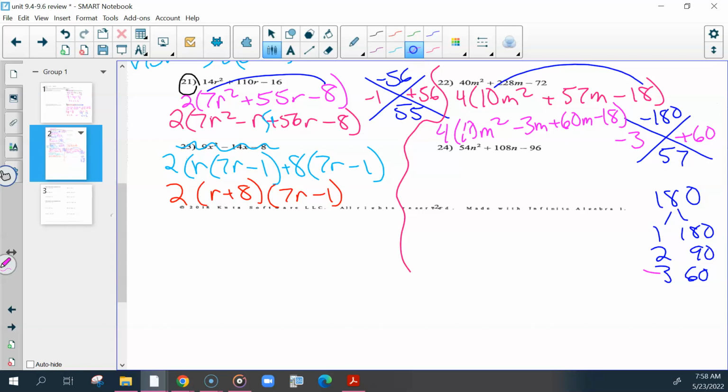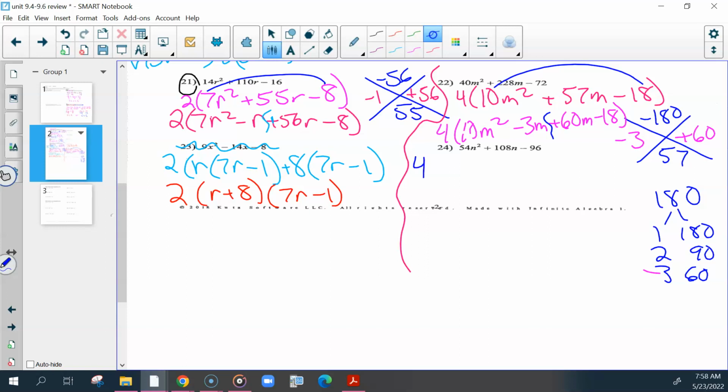And then we could split the middle and look for what these two have in common, 10m squared and negative 3m. What would they have in common? M, and that's it.